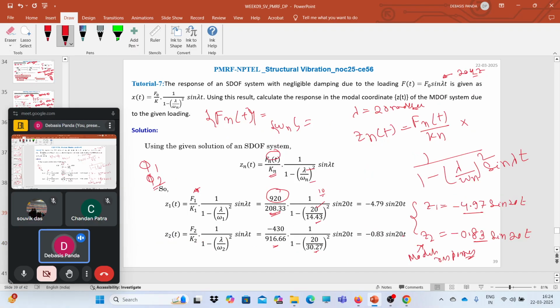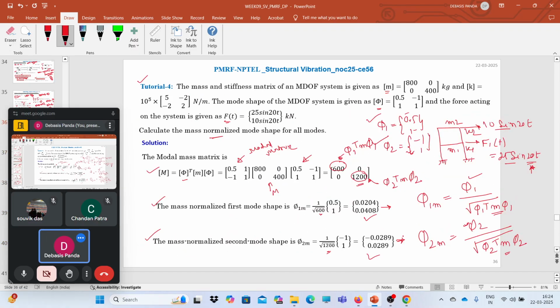So this example actually covers all the parts of this modal representation. First, let's quickly recap this example, and then we will go to the next topic. In this example, the mass, stiffness and damping matrices were given, also the forces, the external forces acting on the system.